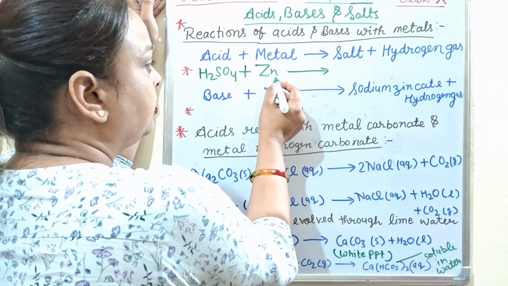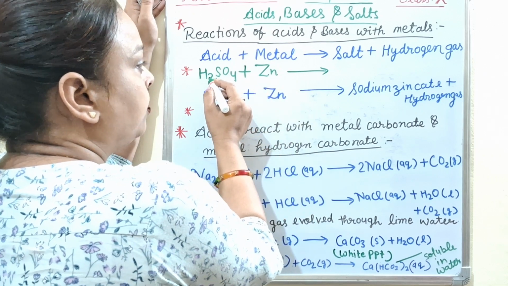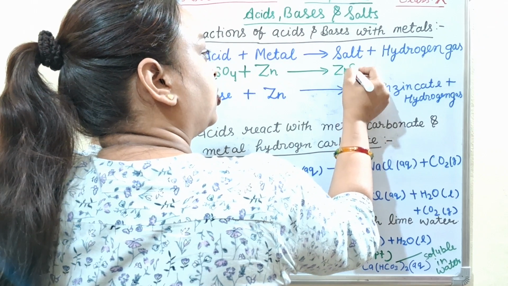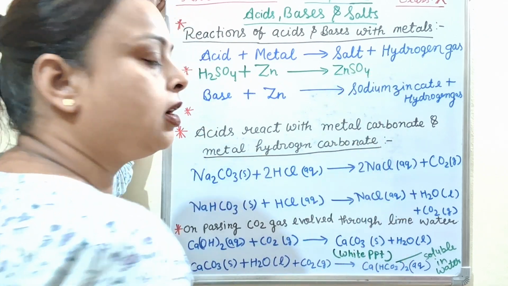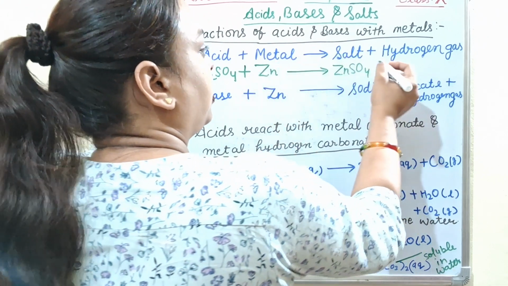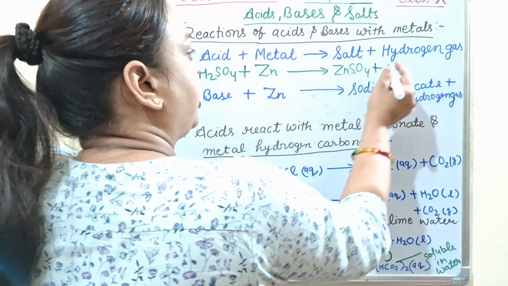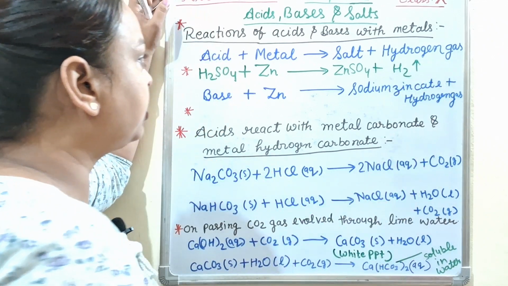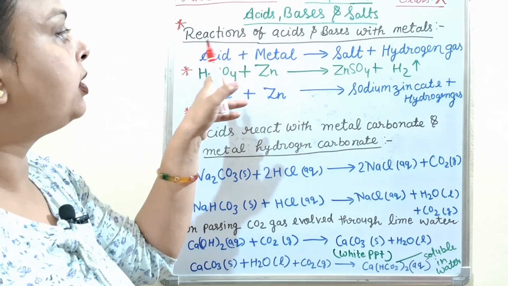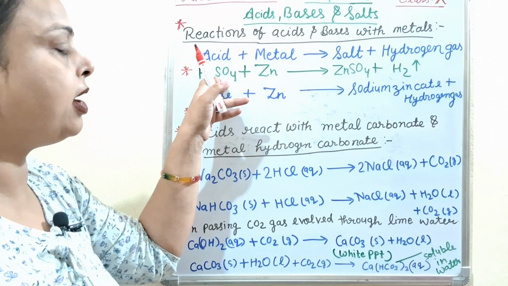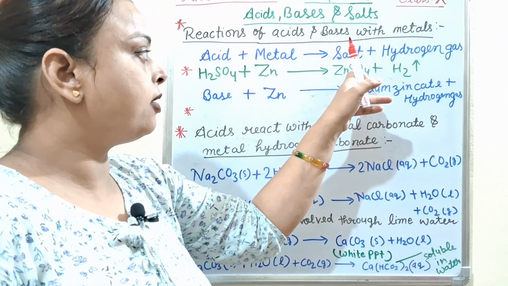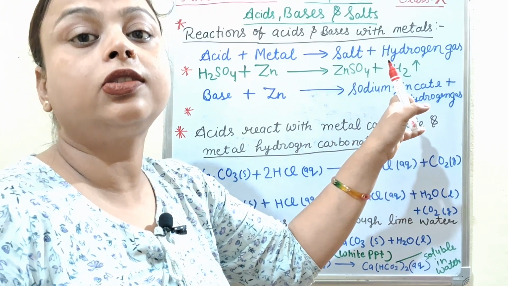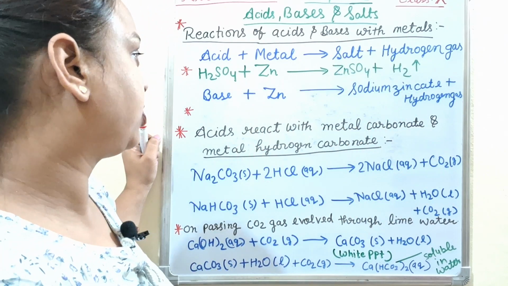Here Zn displaces H2 and forms ZnSO4, zinc sulfate, plus hydrogen gas is liberated. So this is the equation of the reaction where acid reacts with metal and forms salt plus hydrogen gas. Zinc sulfate is the salt, plus hydrogen gas.